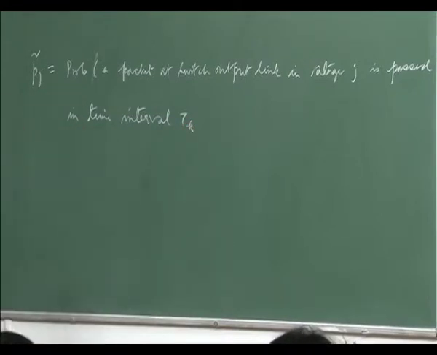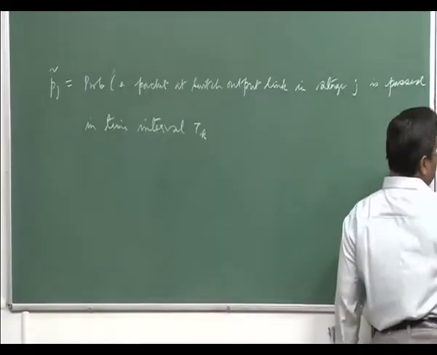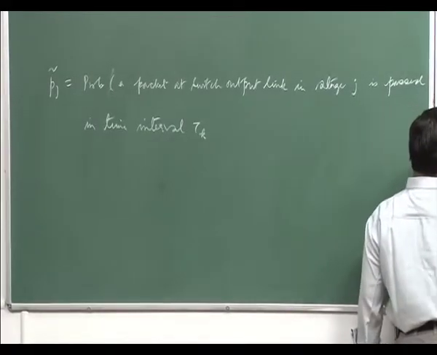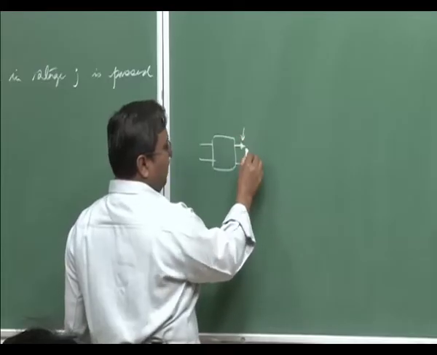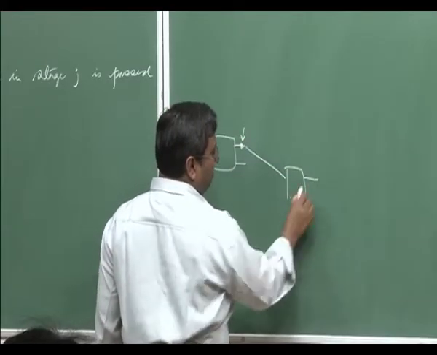This is basically a conditional probability. It is conditioned on the packet having to be there at the output of the jth link. So there has to be a packet first and then it will be transferred onwards.